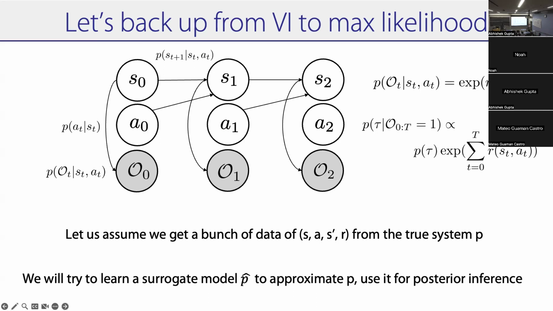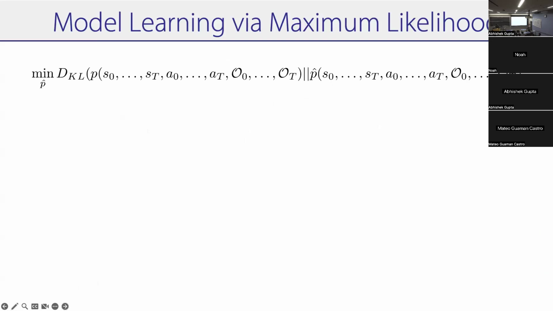Okay. So the first step is, how do we learn a surrogate model? I think the easiest way is through maximum likelihood. If you remember from earlier, maximum likelihood often looks like this. Say you were doing maximum likelihood for some function y given x.